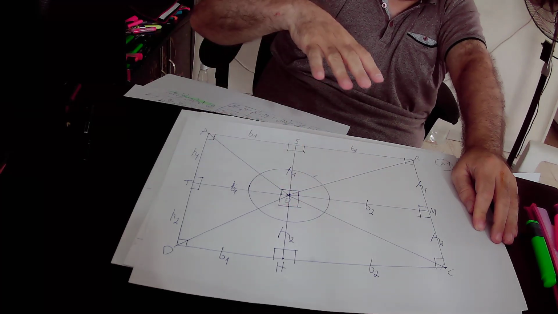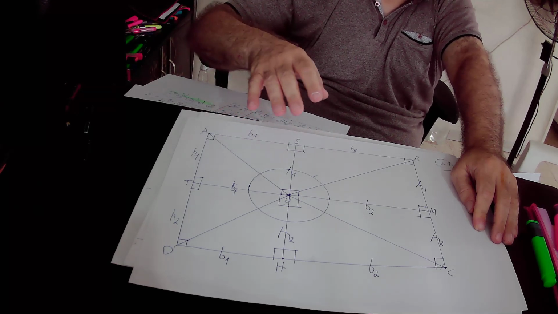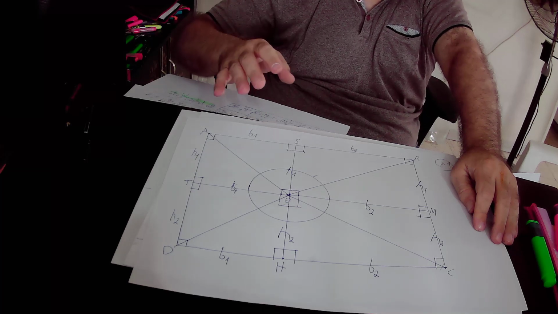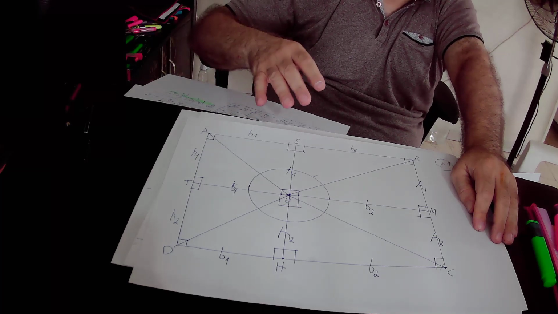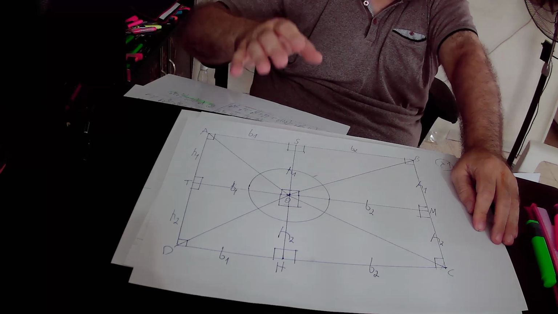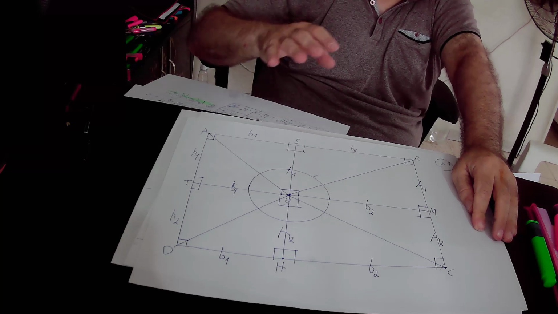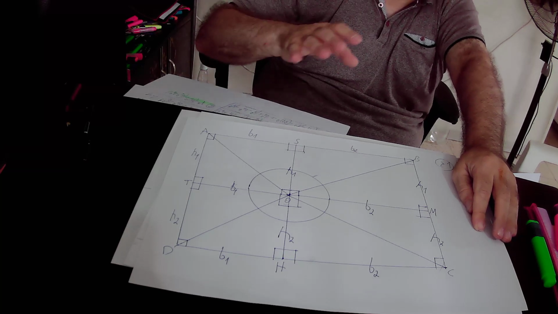So inside rectangle ABCD, we have 4 quadrangles, and each quadrangle has 4 right angles, therefore all the quadrangles in rectangle ABCD are rectangles, because any quadrangle that has 4 right angles is a rectangle.